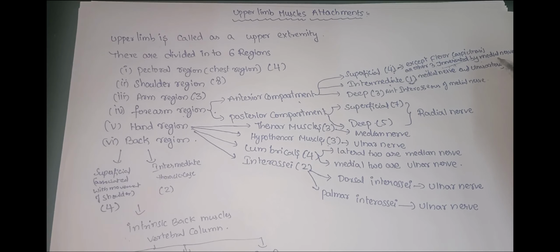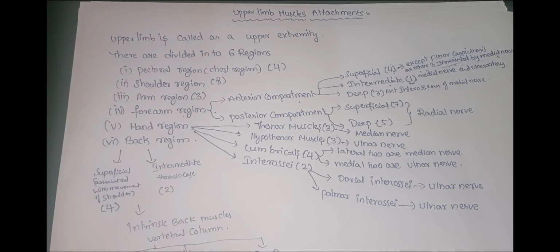There are 3 nerves: the median nerve, ulnar nerve and radial nerve. These 3 nerves we are going to discuss in further sessions. So except flexor carpi ulnaris, the other 3 are innervated by the median nerve.